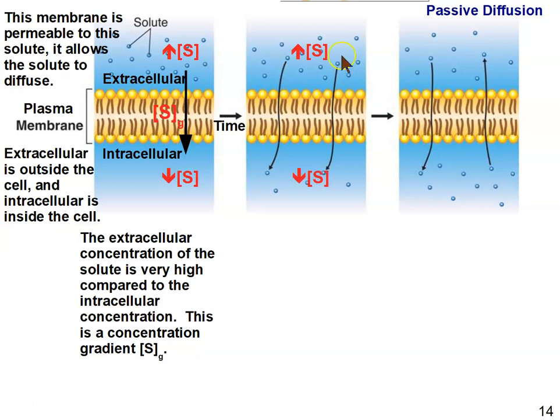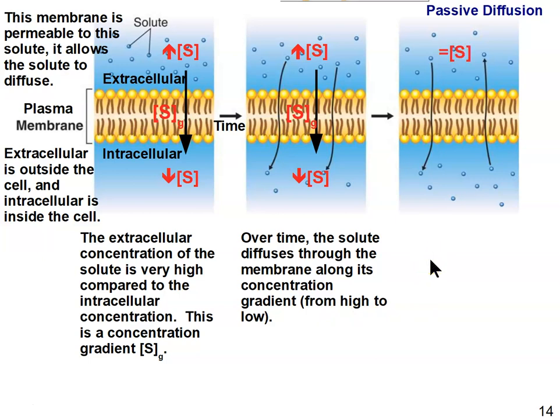Even after a relatively short period of time, we still have a higher concentration outside versus inside. So net diffusion of the solute will continue from outside to in along its concentration gradient. There's still a concentration gradient here, and diffusion continues along it as time passes.